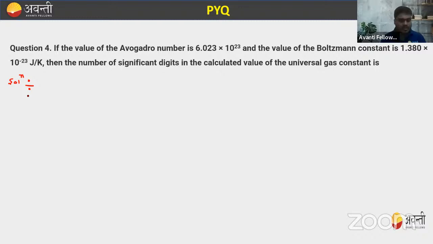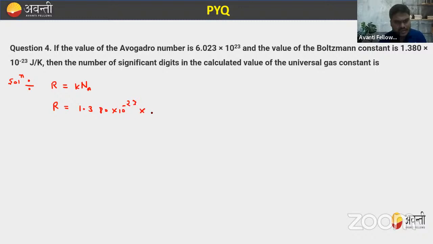So we are using the formula R is equal to K and A, where K is the Boltzmann constant and N is the Avogadro number. So how will you calculate R? We can calculate R by putting the value 1.380 into 10 to the power minus 23.